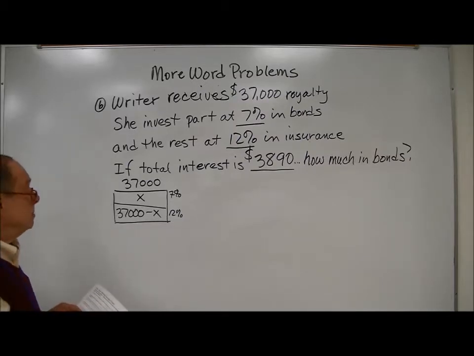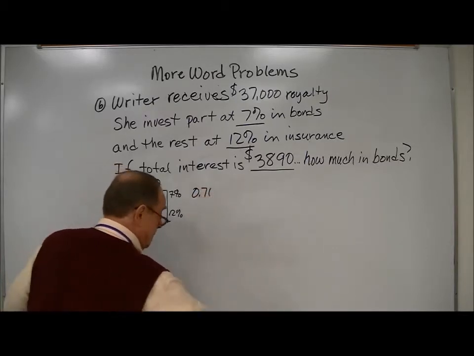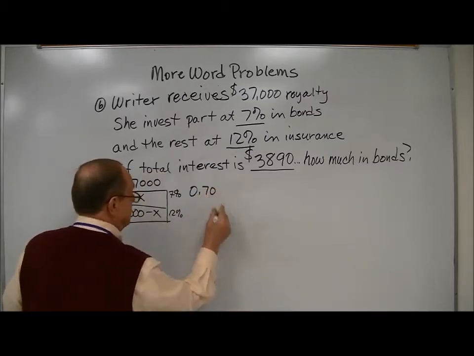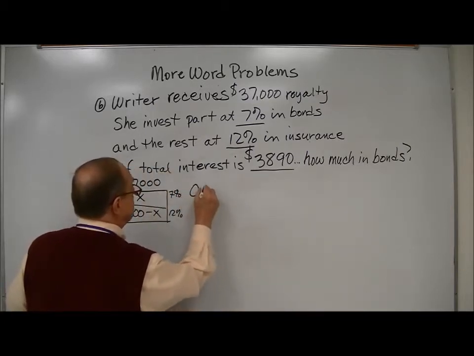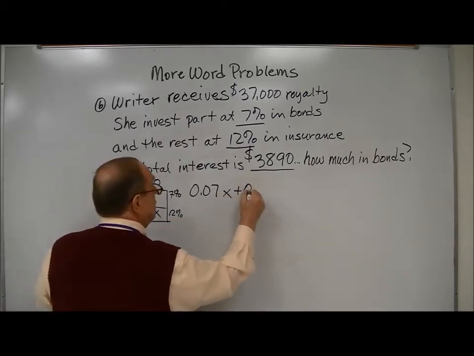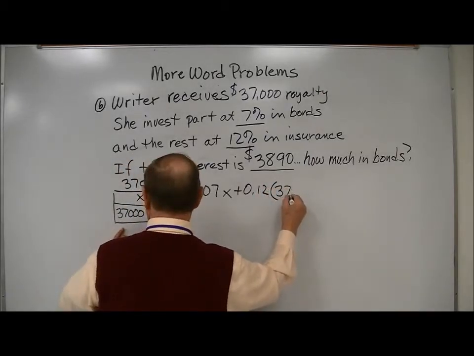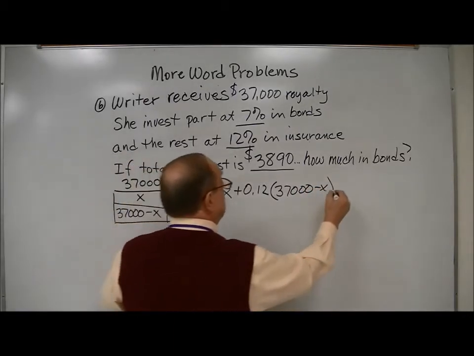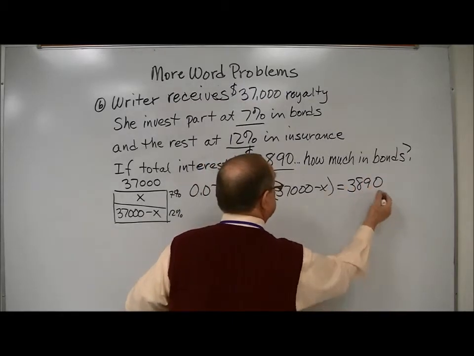So we set up our simple equation. 7% of X plus 12% of 37,000 minus X will equal $3,890.